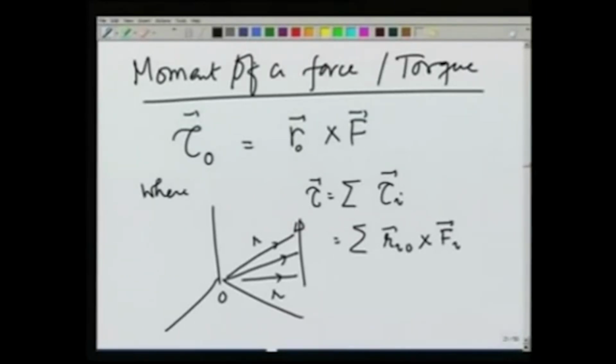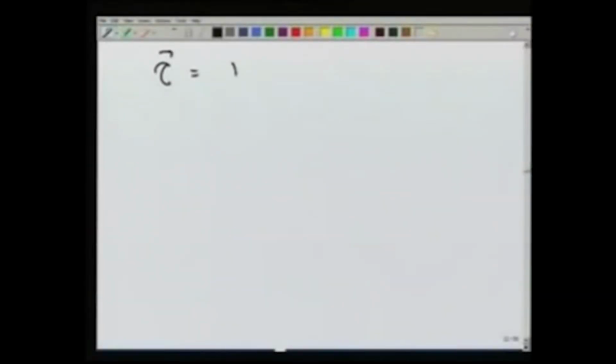Let us see that through an example. So, if I am calculating the moment tau, which is R cross F, I am dropping O now, it is understood that it is depending on the origin.